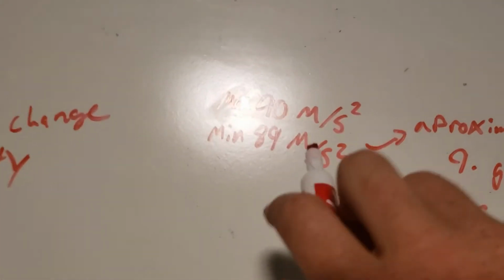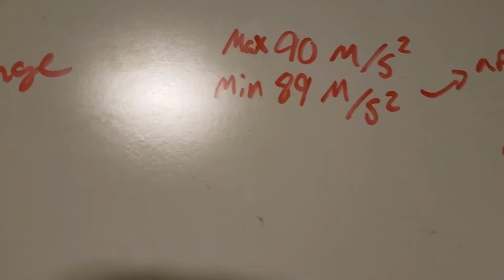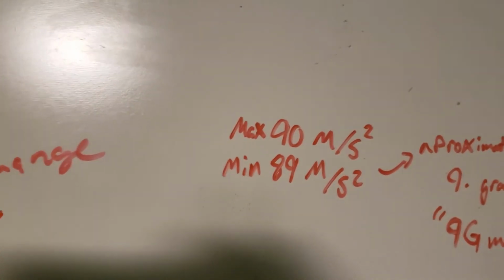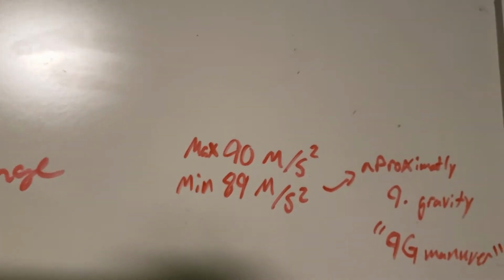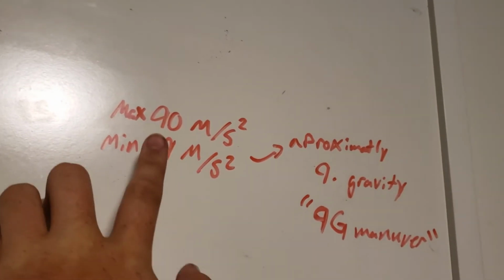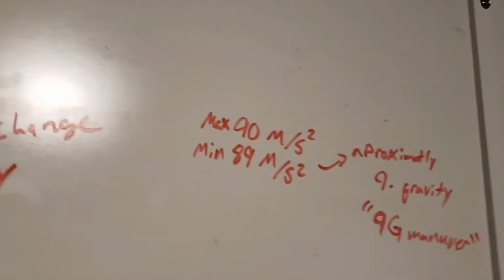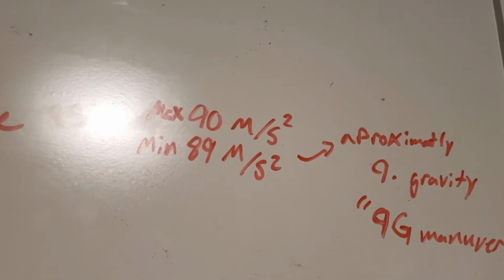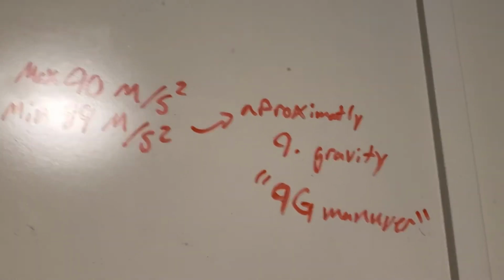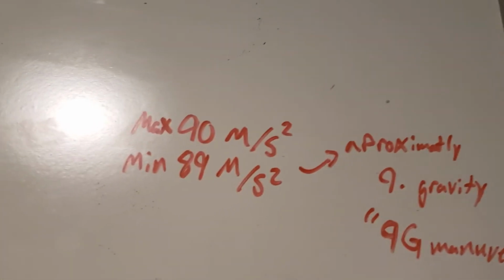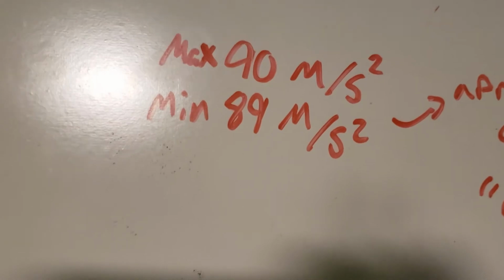And so for this example, let's say we want a 9G maneuver, which is quite ambitious for a prop plane as displayed here, but probably more in line with a modern jet and its wing loading, although it can certainly exceed such things. But anyway, just as an example. So because our force of gravity is about 10 meters a second, I'm estimating, you can basically just use 90 meters a second change, and then your minimum would be 89.